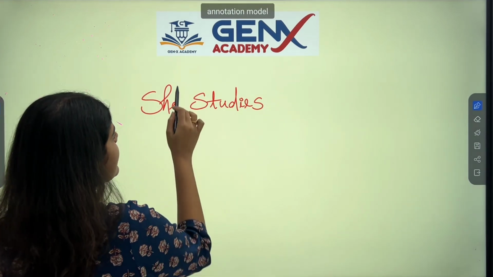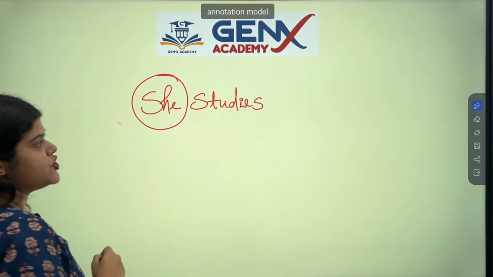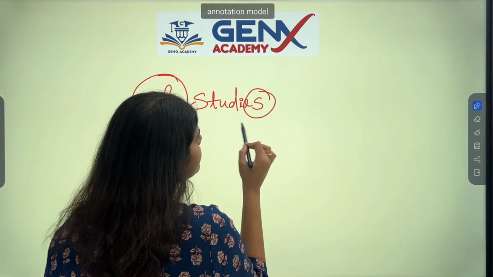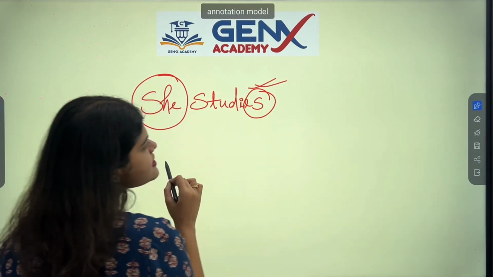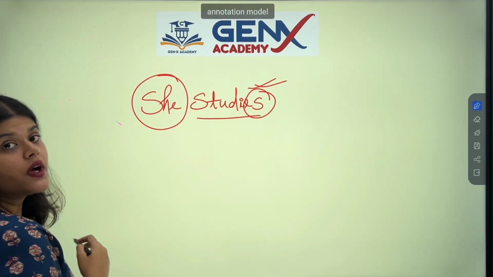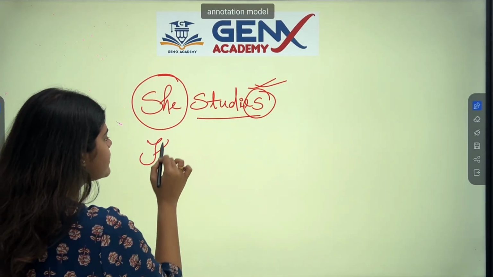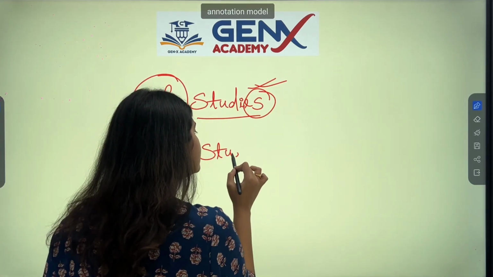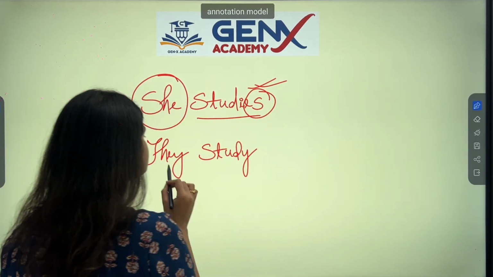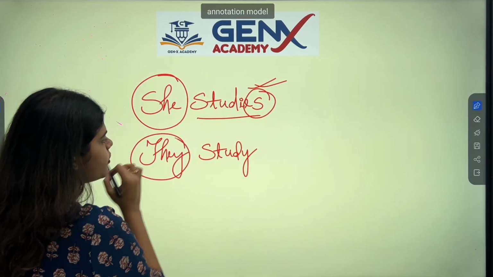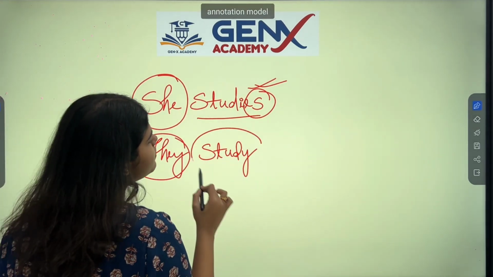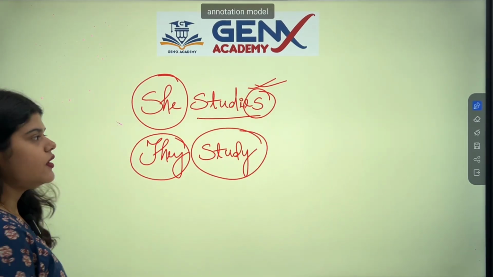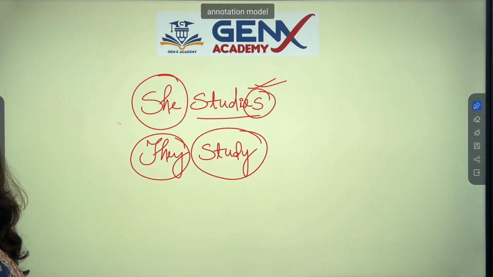So here, as she is a singular subject, studies included an es to the verb. But if I write they study, so when I change the subject into a plural one, the verb also changes. So I hope you have understood this now.